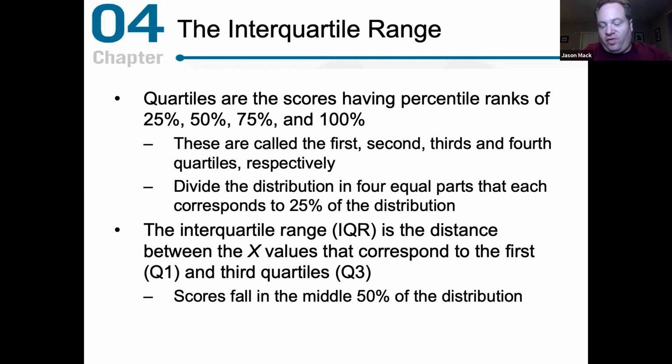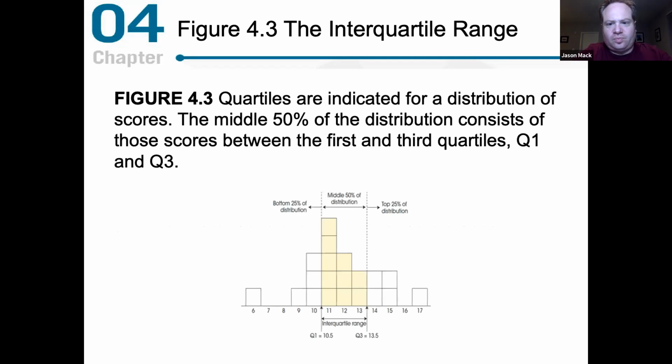Scores fall in the middle 50% of the distribution. Quartiles are indicated for a distribution of scores. The middle 50% of the distribution consists of those scores between the first and third quartiles, Q1 and Q3.